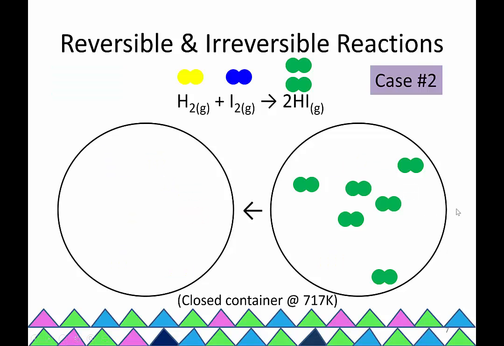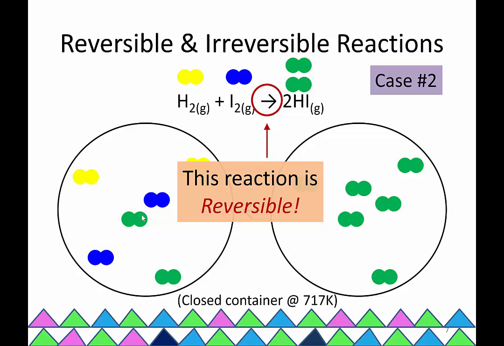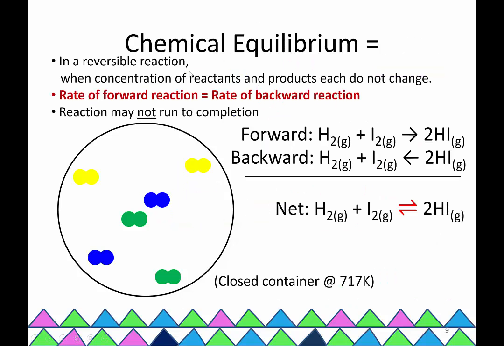And if you have just HI in a container at 717 Kelvin, you'll form some iodine gas and some hydrogen gas, and you'll have some HI that has been unreacted. So what's really going on here is that this reaction is going in both directions. The reaction is reversible.